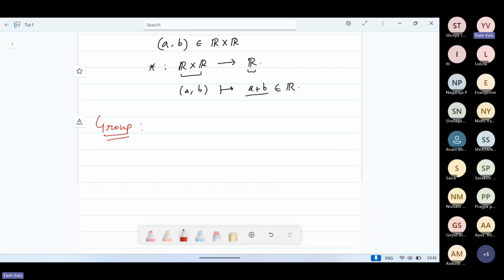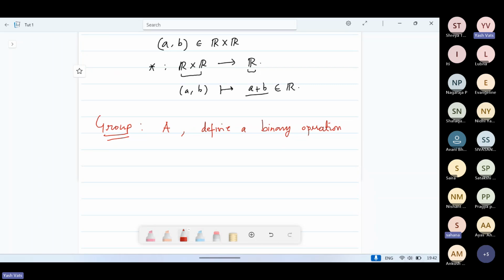So if you have a set A again, and you have two elements, you define a binary operation.